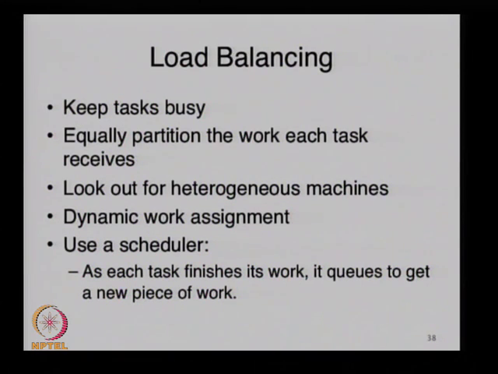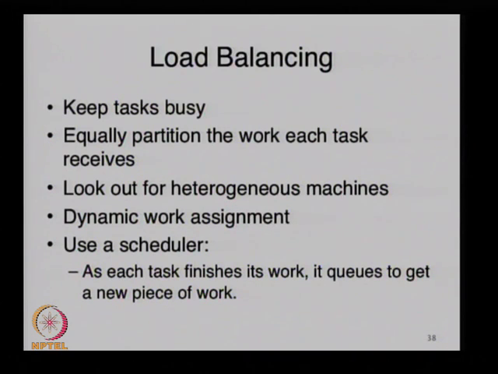If the tasks are similar sized, it makes load balancing a little bit easier. But typically you will not be able to make tasks similar size, and it's not even necessary for load balancing to require the tasks be the same size. You can balance load even when the tasks are dissimilar in size. You can balance load even when the machines are dissimilar in power.